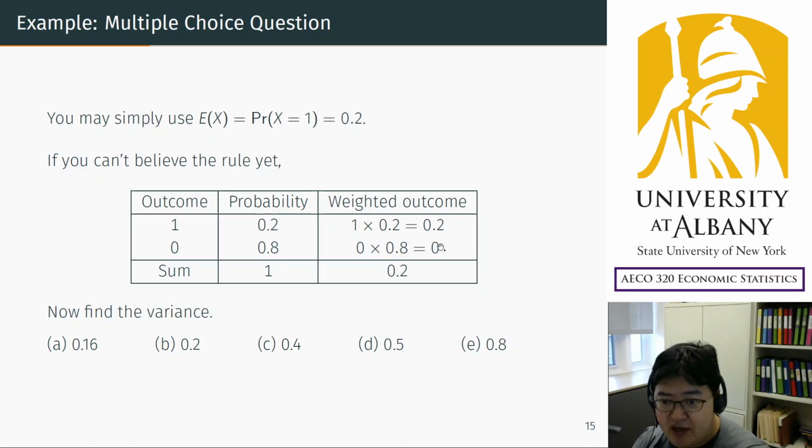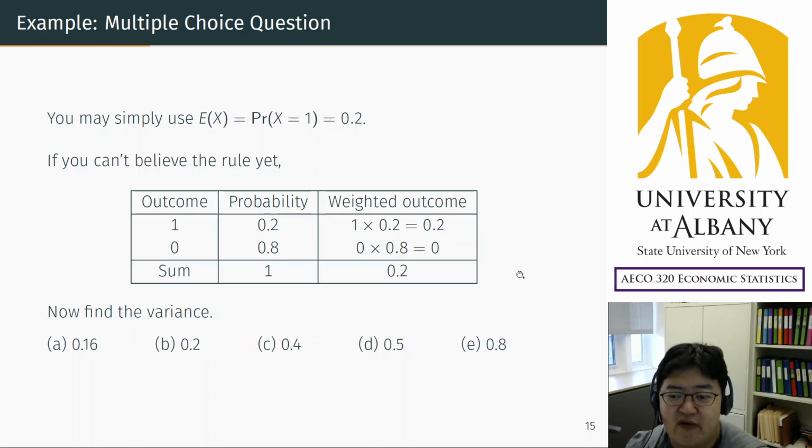So as it should be, 0.2 is the mean. Okay, now the next step is to find the variance. What is the variance of your grade if you randomly choose an answer? Pause the video, it may take more time. Pause the video and do the work, and resume when you are done.